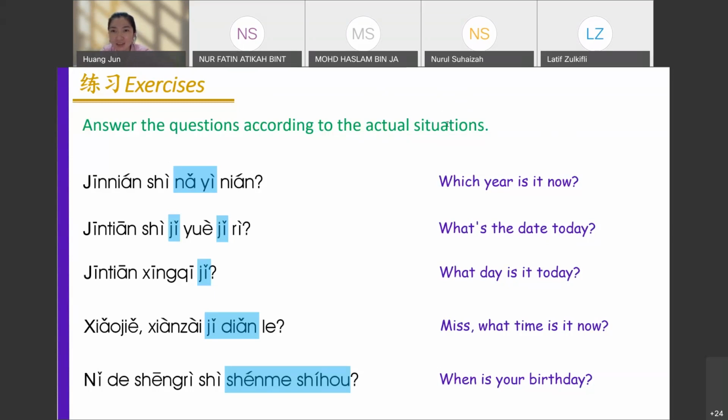我的生日是10节。Farhan's answer got a problem. Okay, Farah already got the answer over there. Sarah got a little bit of a problem with the answer.